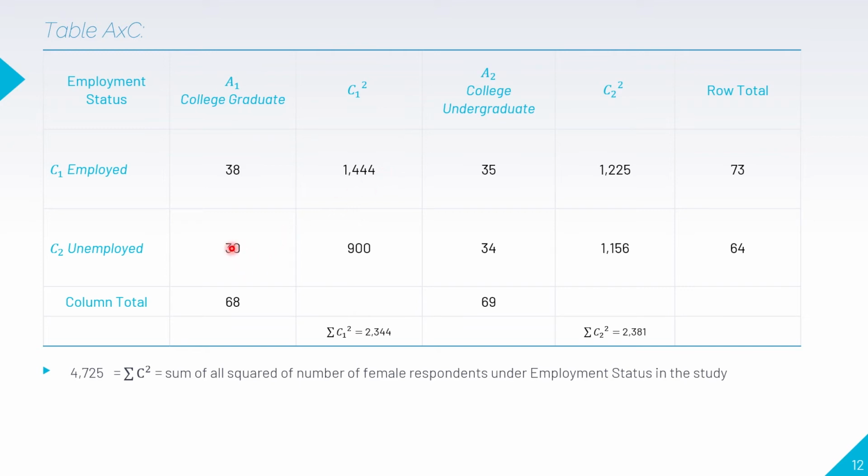We just add this one, and we have the total of 2,344. Same as this, 35 squared, we have 1,225. 34 squared, we have 1,156. Add, and we have 2,381. Add the two summations of C squared, and we have 4,725 as our summation of C squared.